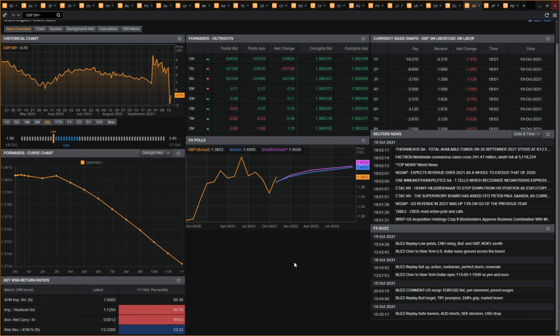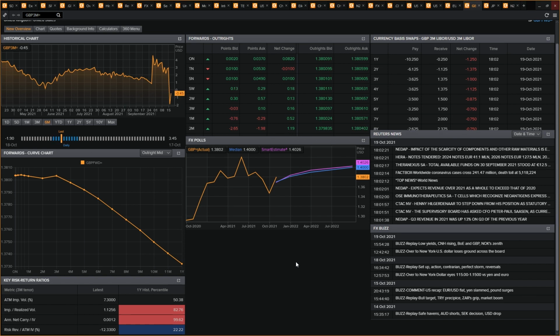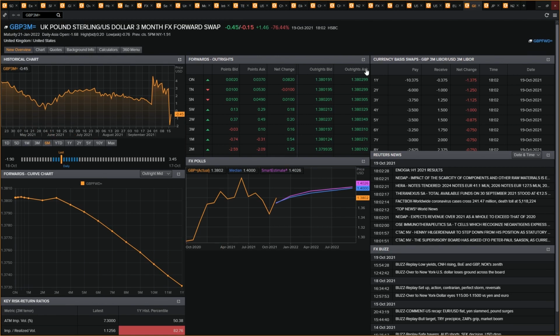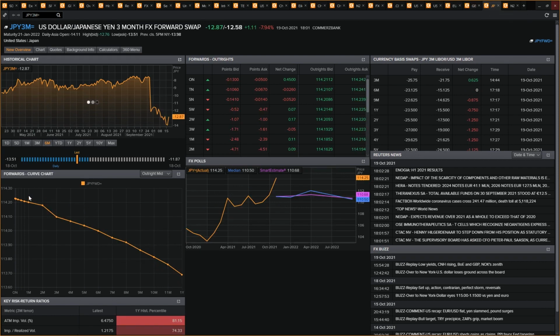If you compare the dollar yen, for example, you've got your dollar as your base, you've got your yen as your quote, but obviously your dollar in that case has the higher yield. So compare pound dollar to something like dollar yen, you'll see that same downward slope again, because the dollar here has a higher yield compared to that of the Japanese yen. So it's not implying that dollar yen is moving lower.